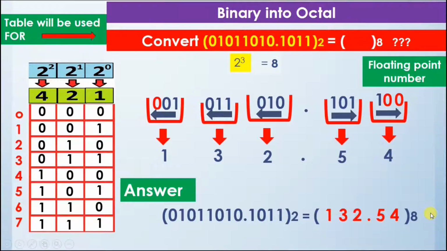Or you can say that the number 5A.B in hexadecimal is equal to 132.54 in octal. Remember, we did two steps. First of all, we converted hexadecimal into binary, and then we converted binary into octal. So this is the final result and this is the final answer.